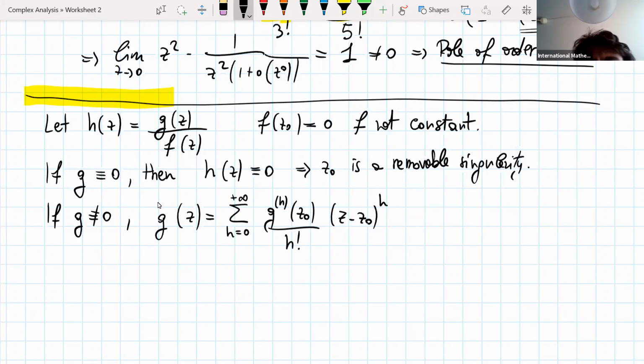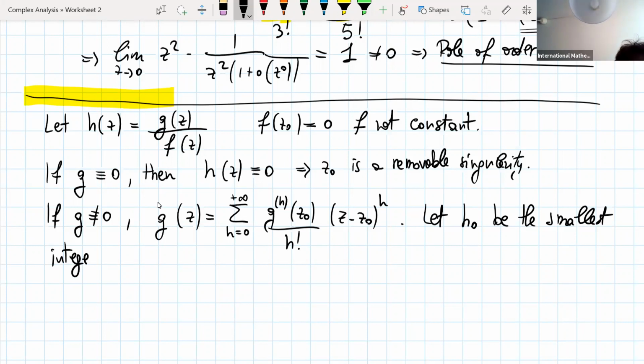And now I can define the smallest, let n0 be the smallest integer such that the derivative of g of order n0, the smallest integer n, such that g^(n0)(z0) is different from 0.